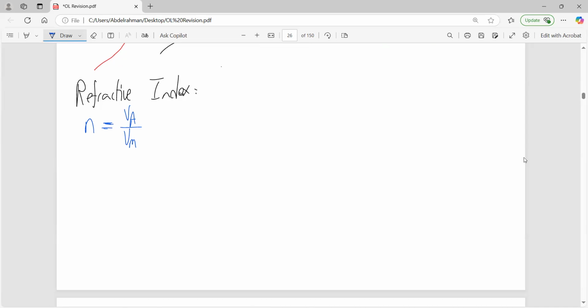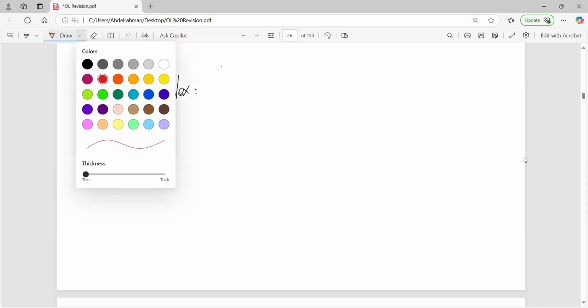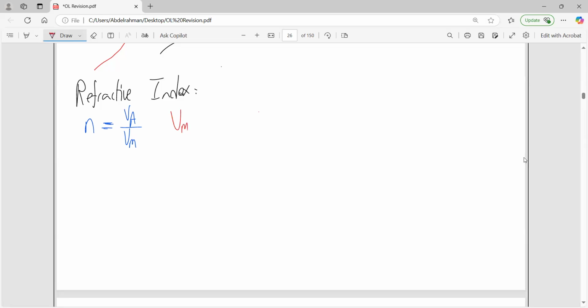He will never ask you to find it, and most likely he will not write it down. It's a constant, and you must memorize it: 3 times 10 to the power of 8. If he asks you to find the speed of light in the medium, we could rearrange the equation so that the speed of light in the medium is equal to the speed of light in air over n. This is the first equation.